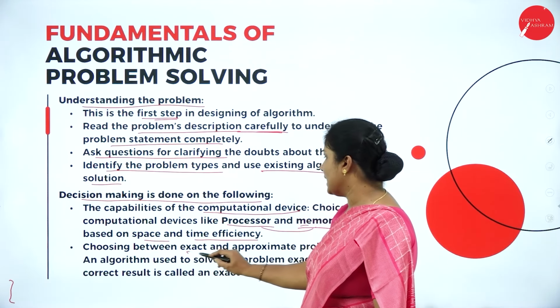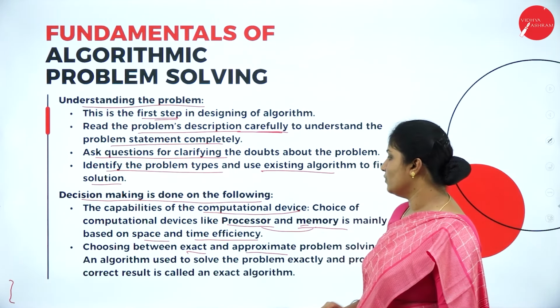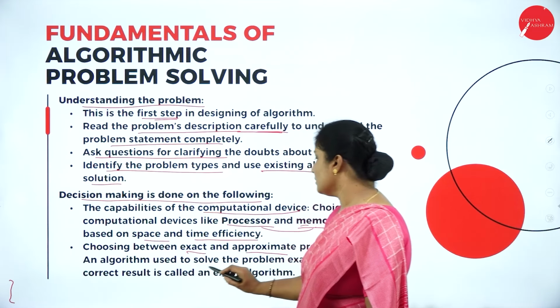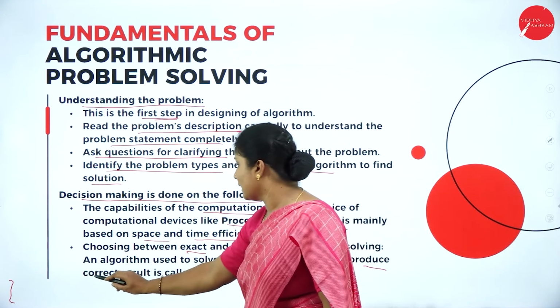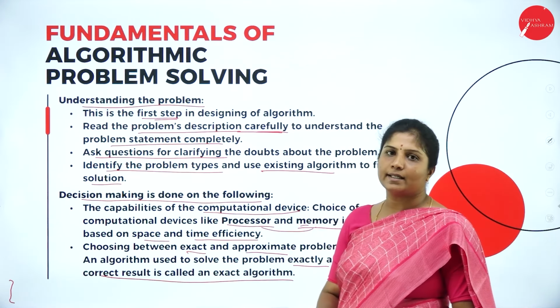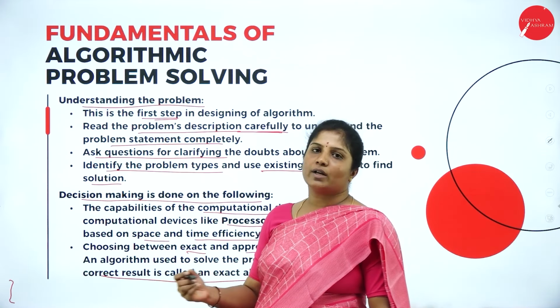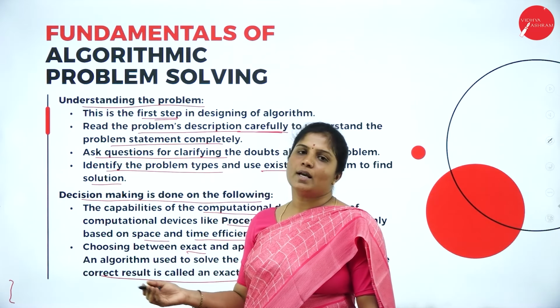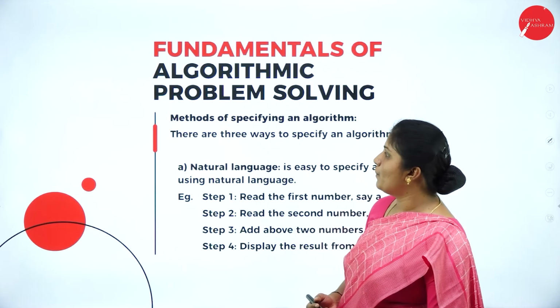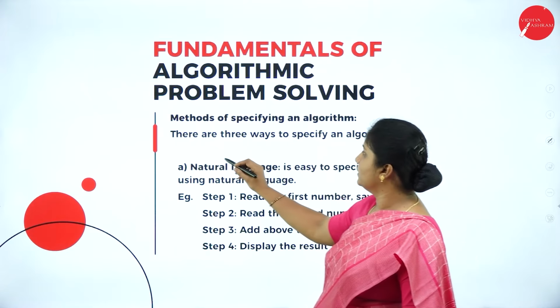Next, choosing between exact and approximate problem solving. An algorithm used to solve the problem exactly and produce a correct result is called an exact algorithm. If you are getting an approximate value as output, then we can say it is an approximate algorithm.